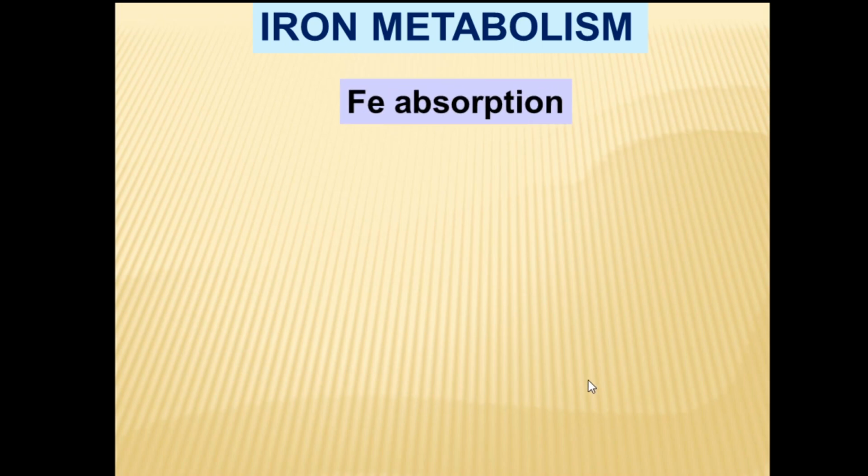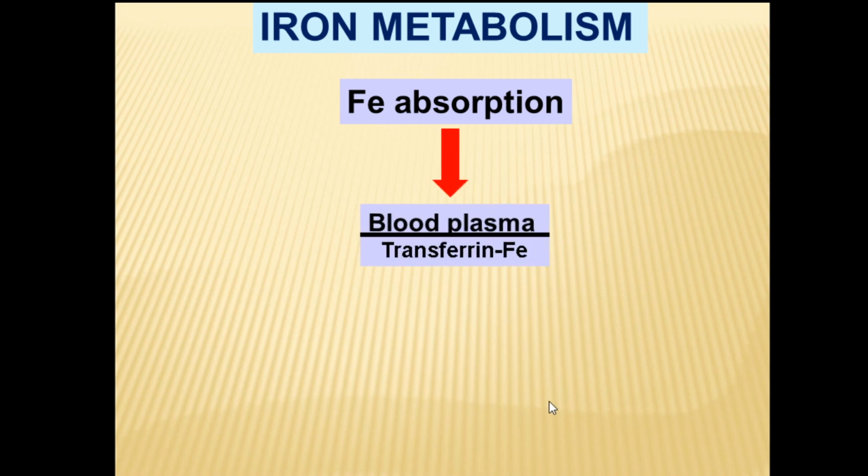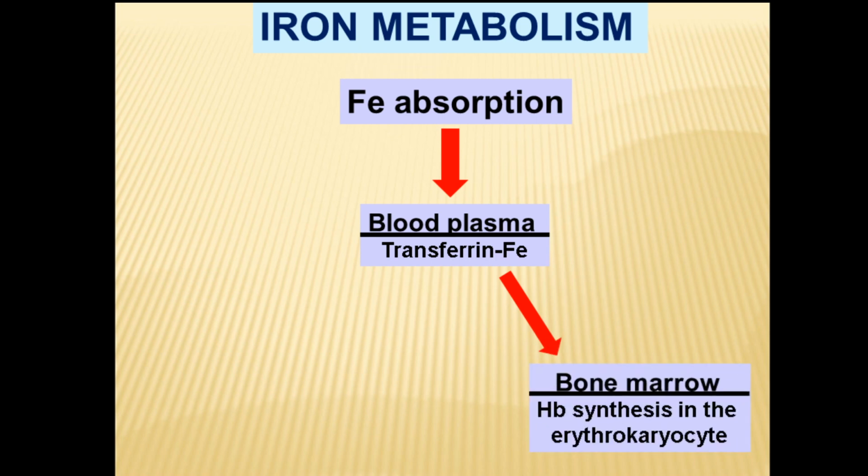Let's very fast remember iron metabolism. After absorption, iron enters the blood plasma with the transport protein transferrin, which transports the iron first of all to the bone marrow for erythropoiesis, and we can control its activity with red blood cells by blood analysis.